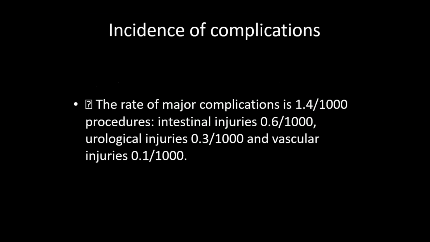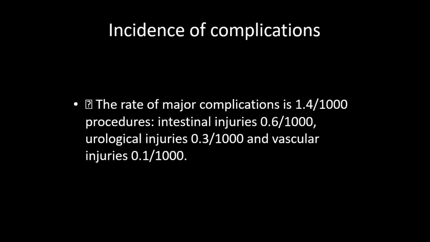Okay. The incidence of complications: all of these numbers are very important in single best answer questions. So it accounts for about 2 in 1,000 typically in questions; the major complications will be around 1 in 500.